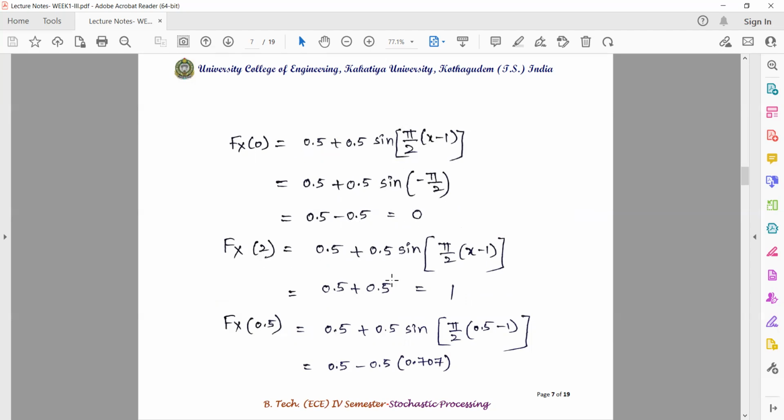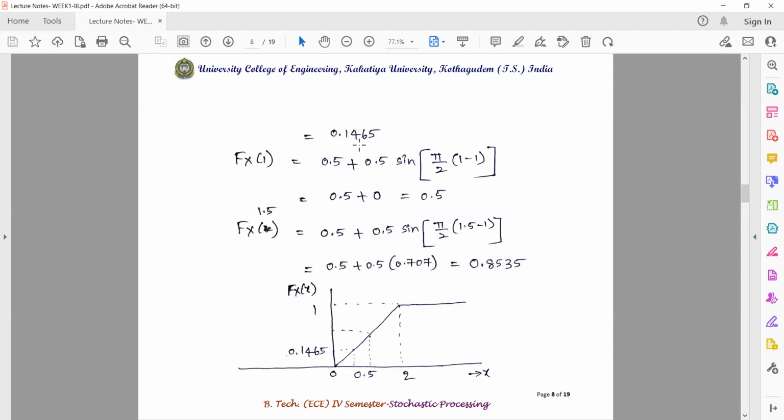Substituting 2 leads to 1. Substituting 0.5 gives some value, 0.1465. Similarly for Fx of 1 and Fx of 1.5.